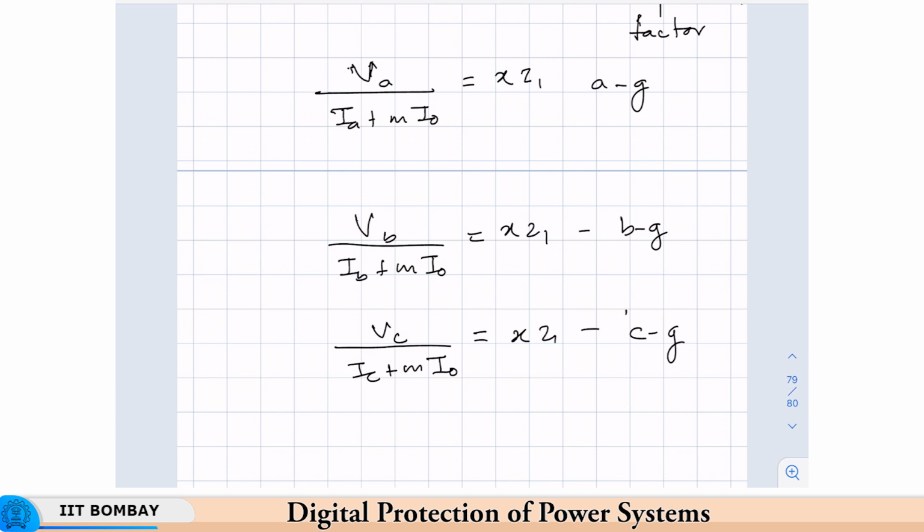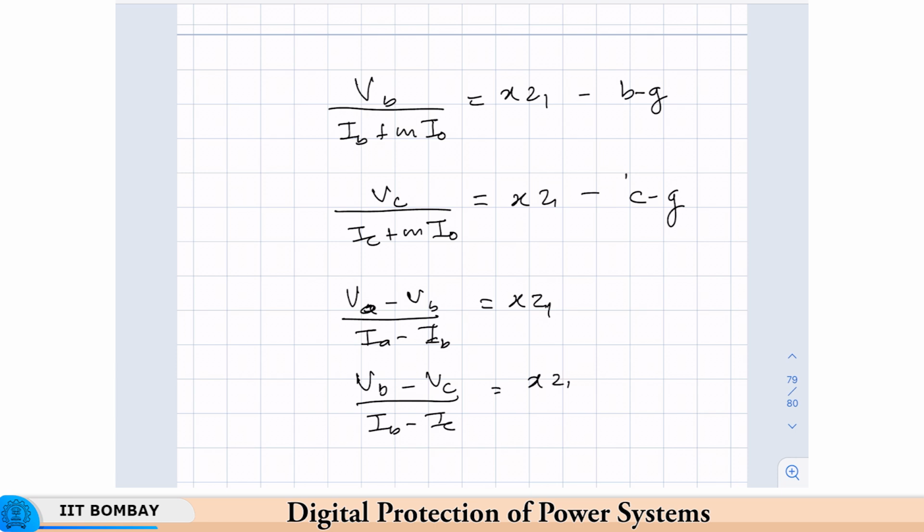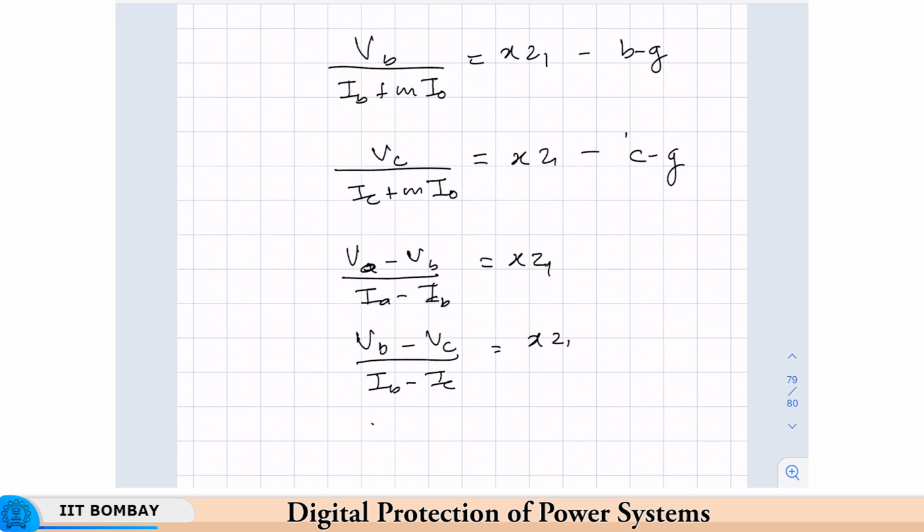So these six, AB, ABC, BC, ABC, and CA, ABC. Okay, so these six elements here, 1, 2, 3, will completely cover all the faults that can occur in a transmission line.